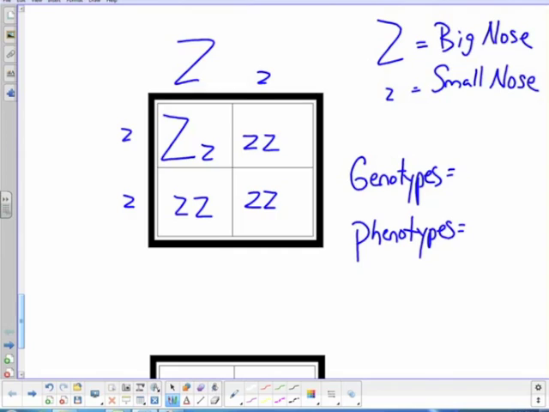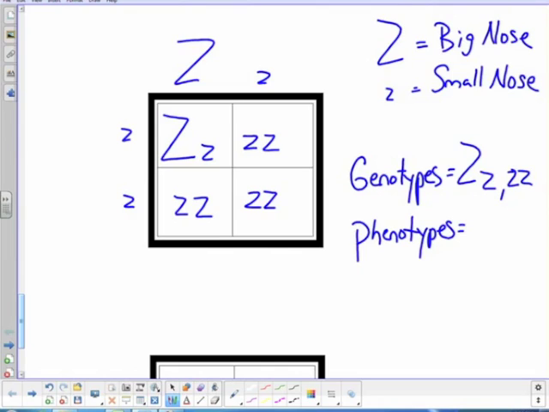So what are the possible genotypes that I have, the genetic codes? Well, I have heterozygous dominant, and then I also have homozygous recessive. What do those phenotypes equal?